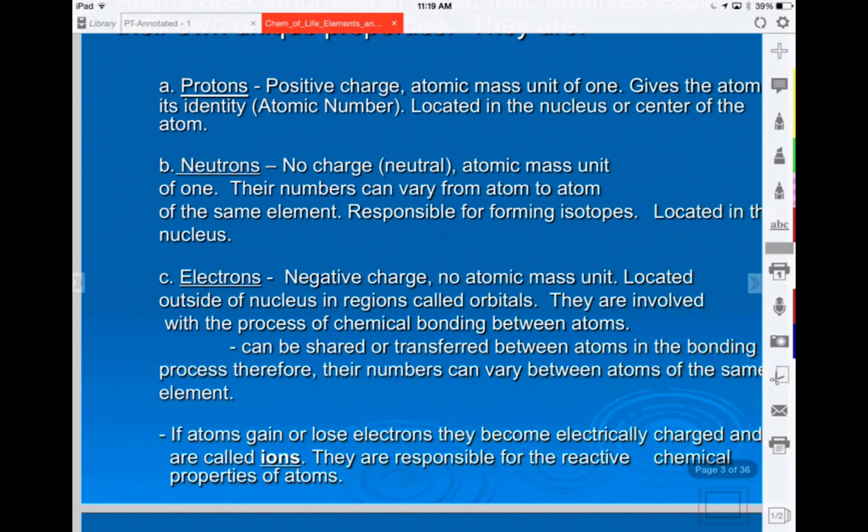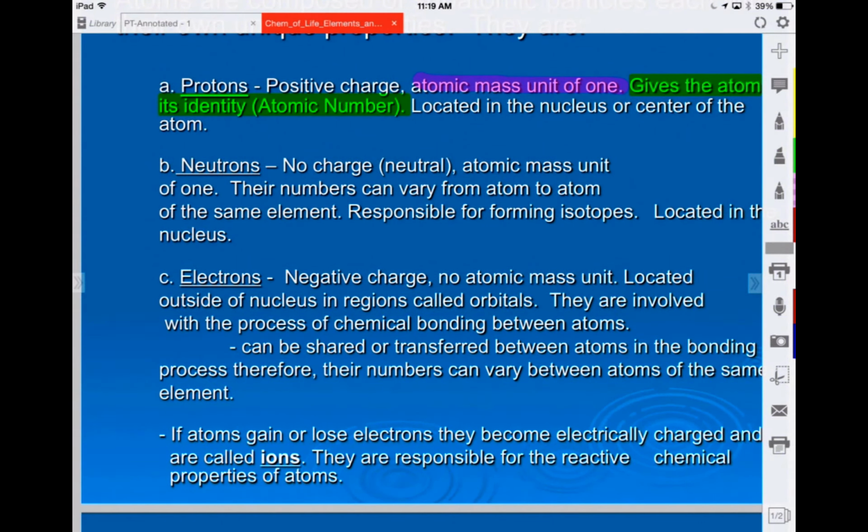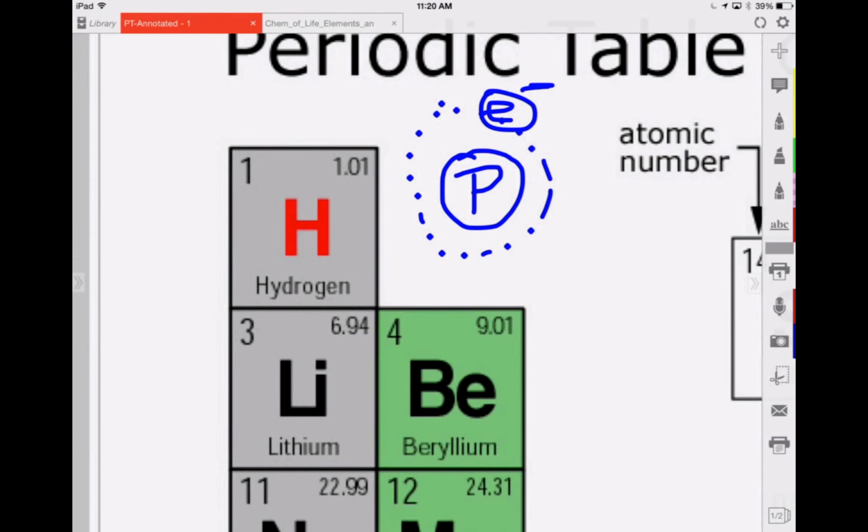So protons are important because they give an atomic mass unit of 1, that's right, but most importantly, they give the atom their identity or their atomic number. So the atomic number of hydrogen, just pop over here for a second, is 1 proton.